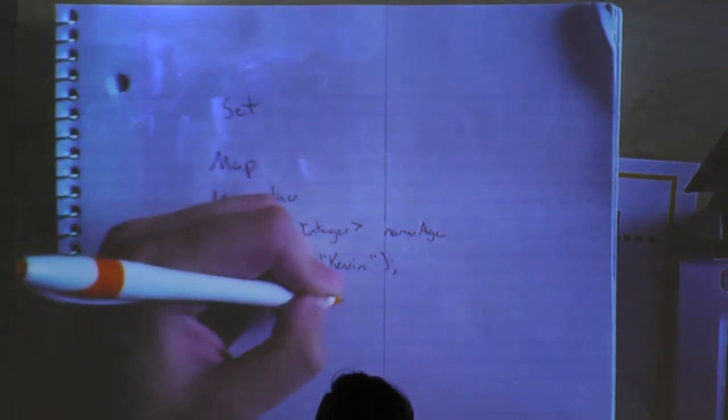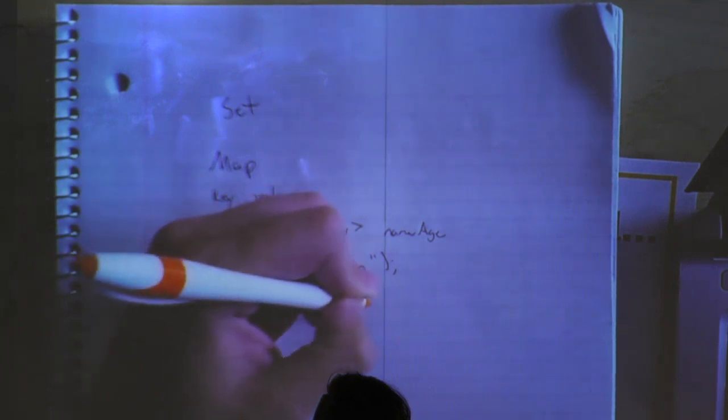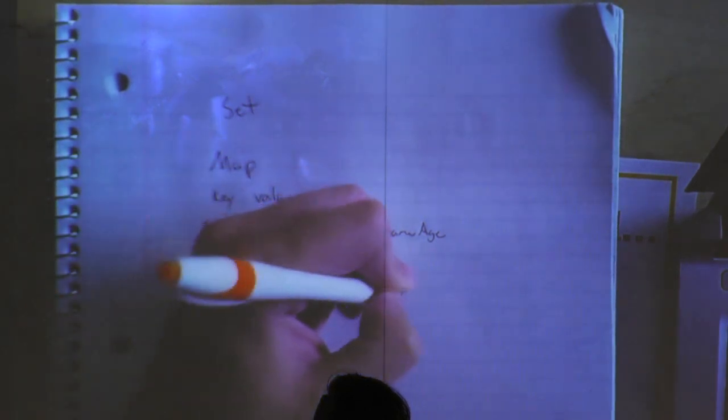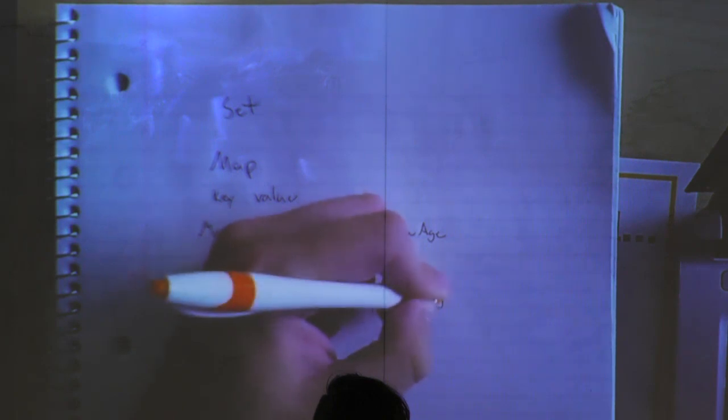So like let's say you're adding some pair of data to your map and you want to make sure it's not already there. You could do contains key. And then, if it returns false, then you could use the put method to add a key value pair in. And then you can also use contains value to check if a value is present.